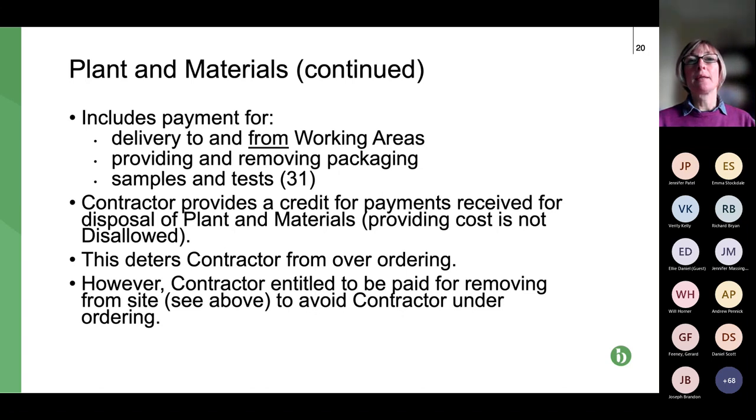So the next 3 bullet points are just designed at encouraging the contractor not to over order, but also not to under order.